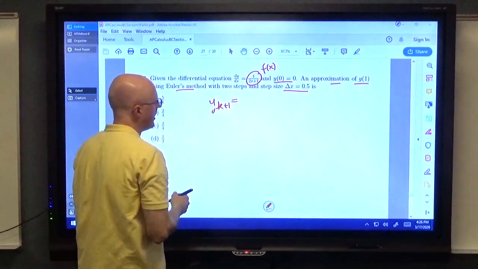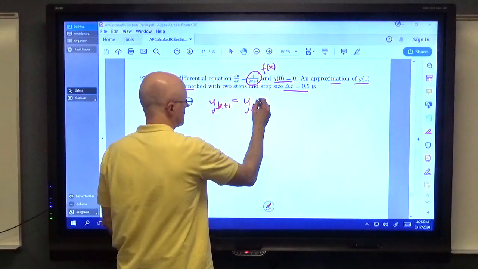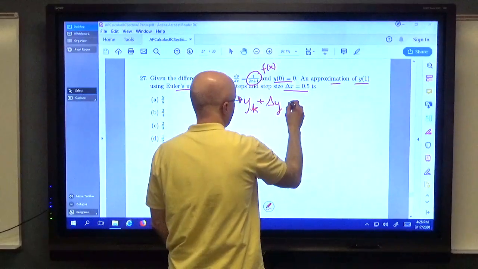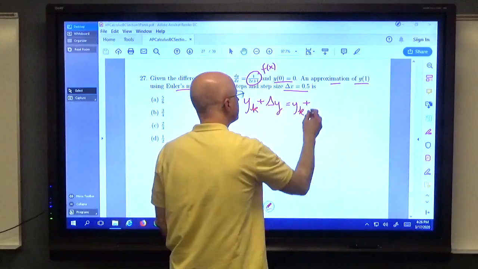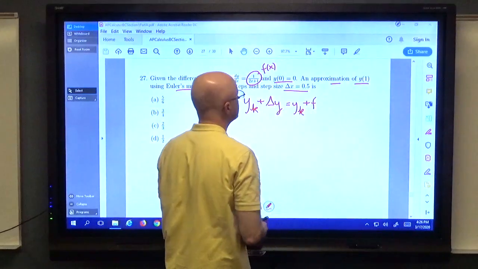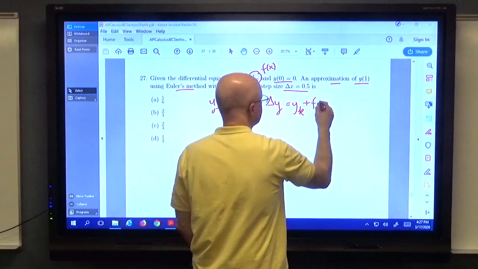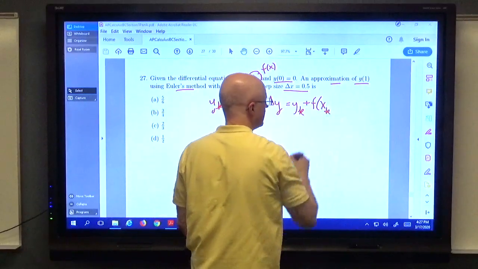gives you the next value of y sub k plus 1, by taking the previous value of y plus the change in y. And the change in y is found by plugging the point you're at into the function, that's the right-hand side of the differential equation. In this case, it just depends on x, but it could sometimes depend on y.